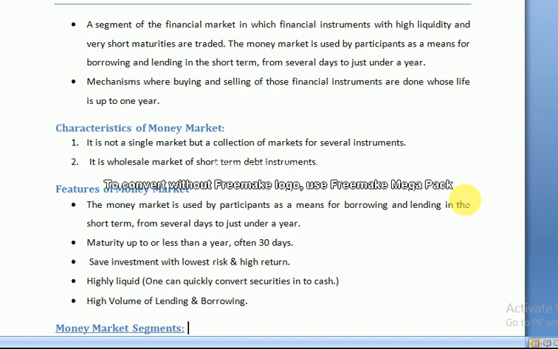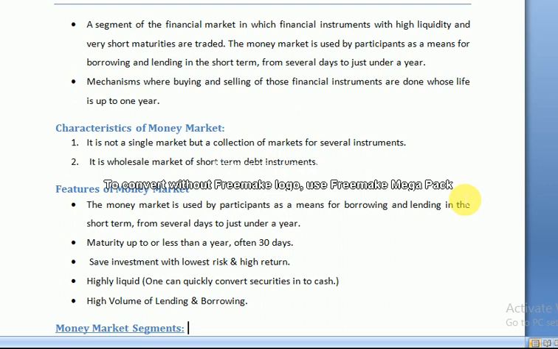Another feature of the money market is the high volume of lending and borrowing. Millions and billions of dollars of trading take place, so the volume of lending and borrowing is very high.